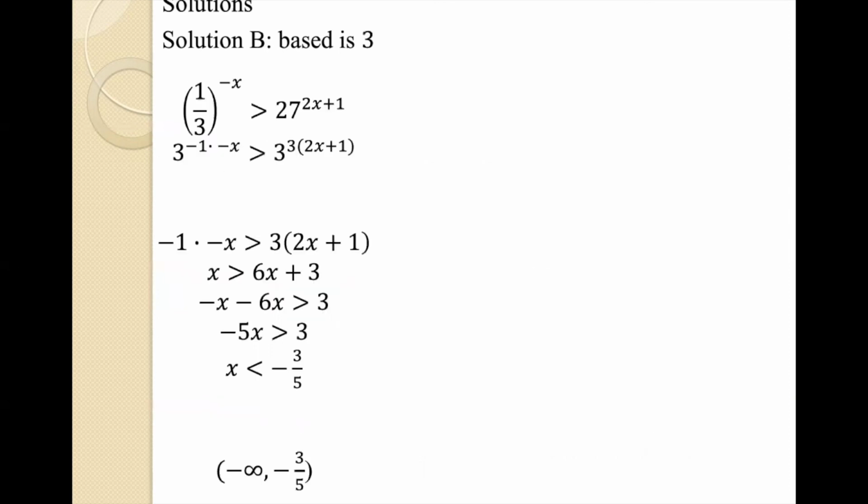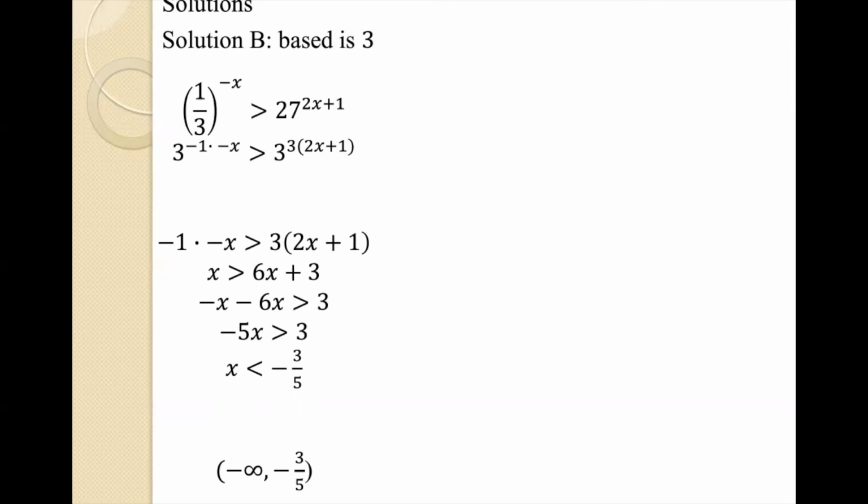So what if we decided to use the base 3? So this time, since at the start, we changed the base to 3, we will not reverse the inequality symbol. So this is just 3 raised to negative 1 times negative x greater than 3 raised to 3 times 2x plus 1. So they have the same base already. Equate the inequality. So we have x greater than 6x plus 3.